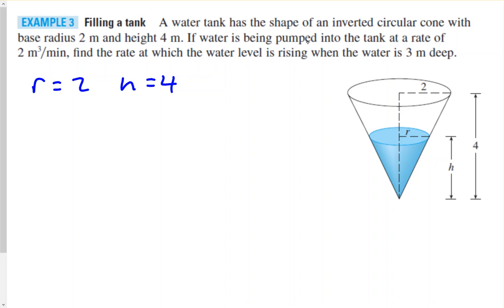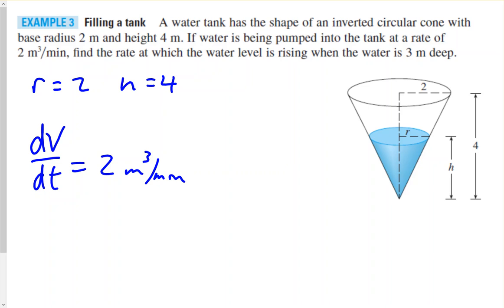Okay, so water is being pumped into the tank at a rate of 2 cubic meters per minute. So that's a rate of volume, right? The volume is growing by 2 cubic meters per minute. So dV/dt is equal to 2.